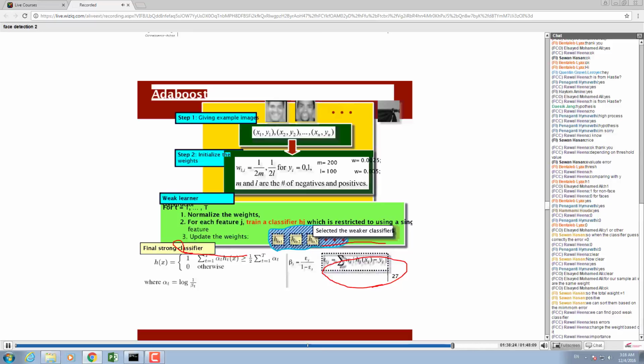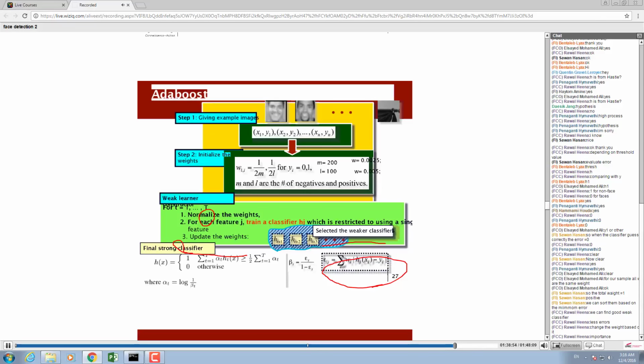We are using the index t. If I do one loop, t is 1. If I do one more, t is 2. If I do one more, t becomes 3. In this way, we loop until large T.